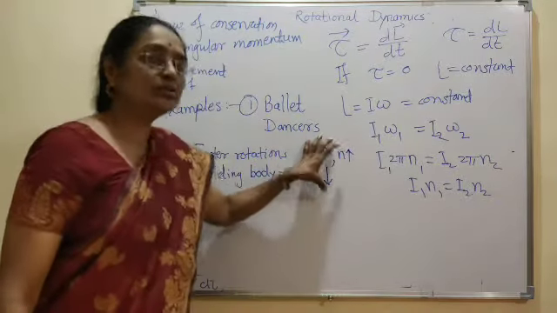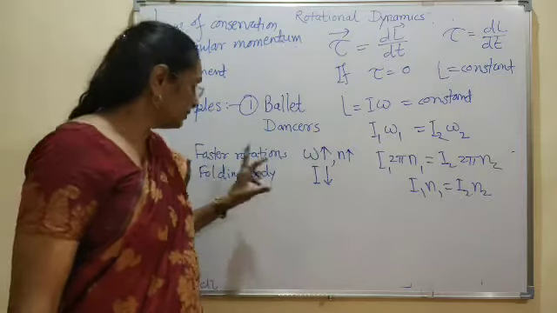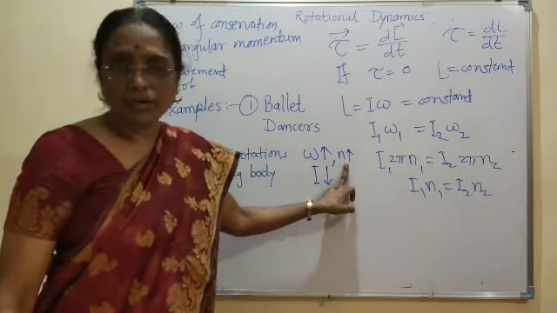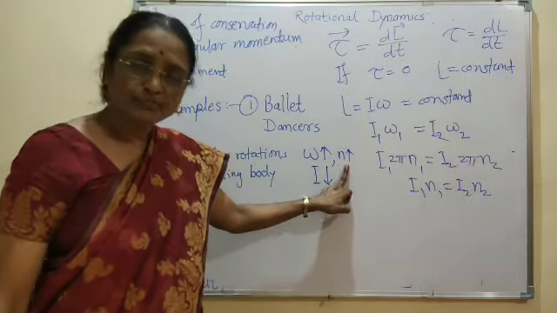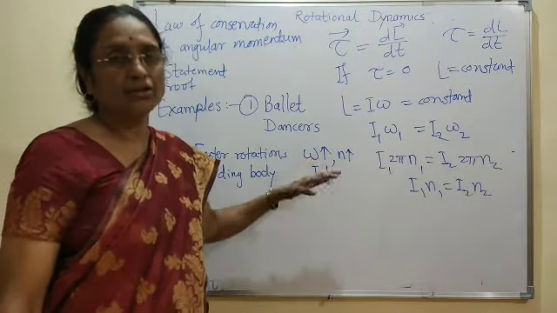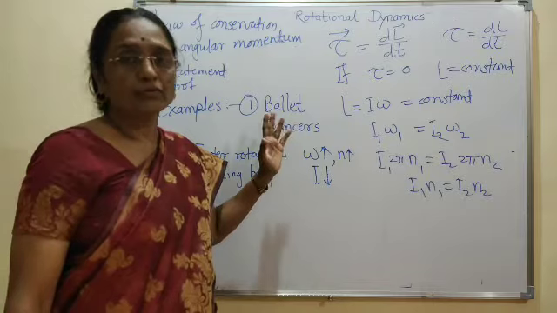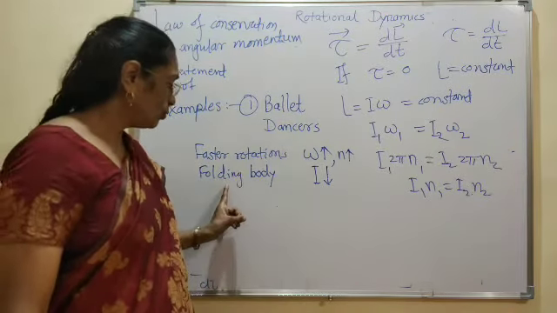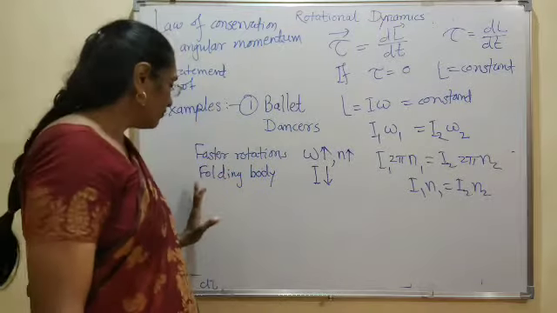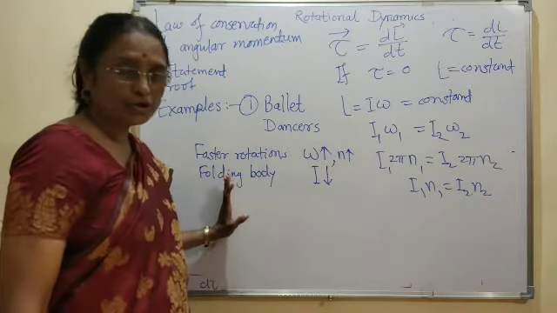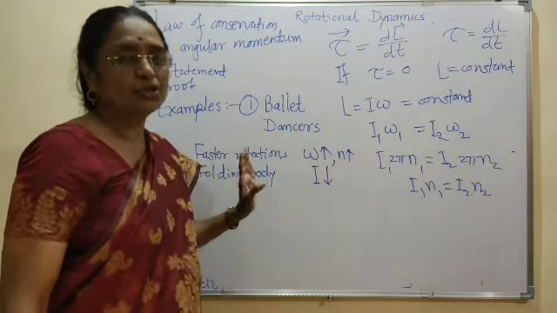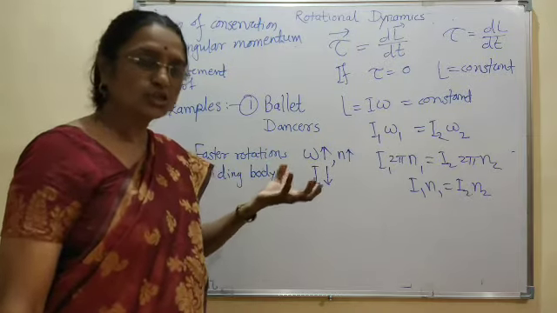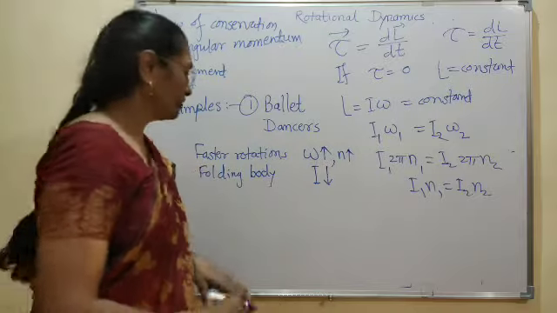So when they dance with a larger number of rotations about their body, their dance can look attractive. For that, they have to decrease their moment of inertia by folding the body. Folding the body means taking arms and legs close to the body.